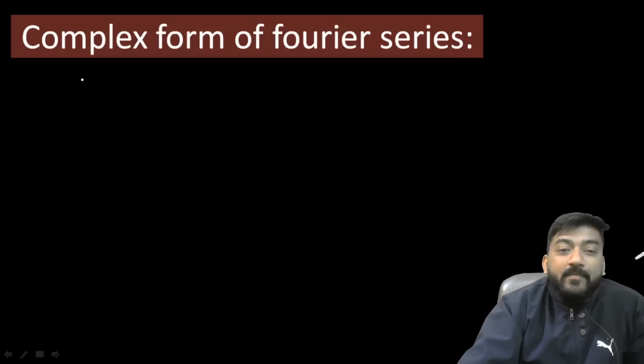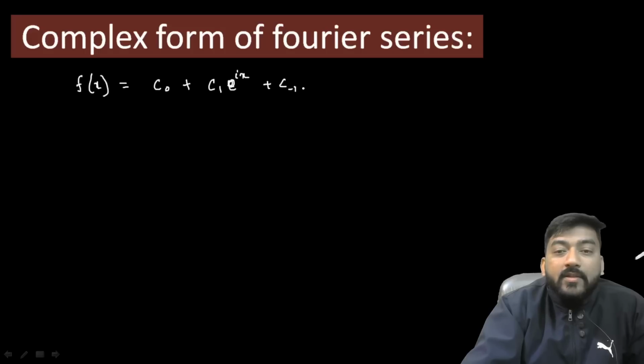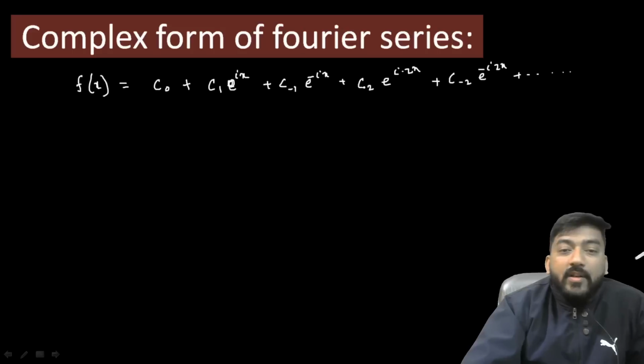So what we have is f of x equal to something like this: c0 plus c1 e to the power ix plus c minus 1 e to the power minus ix plus c2 e to the power i2x plus c minus 2 e to the power minus i2x plus dot dot, up to the cn term.